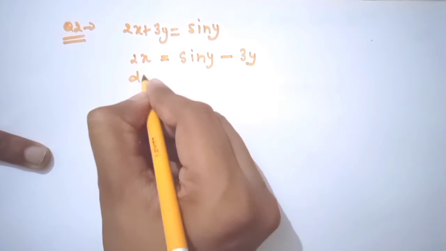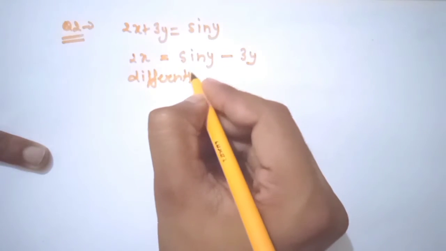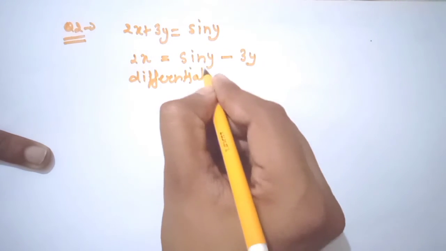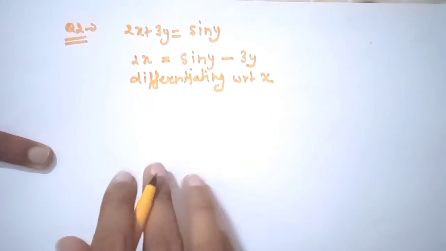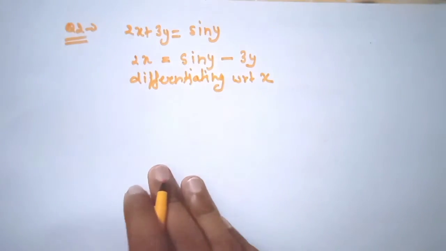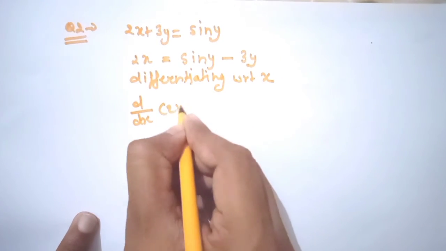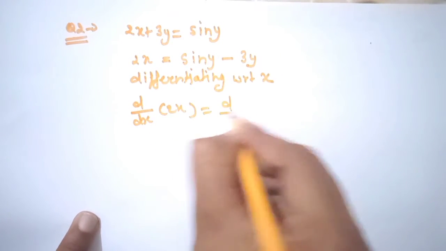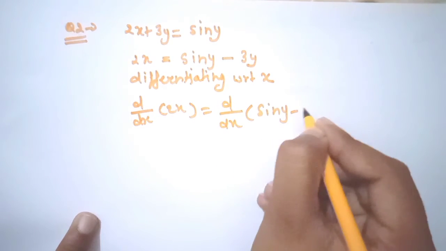Now differentiating with respect to x, d over dx of 2x is equal to d over dx of sin y minus 3y.